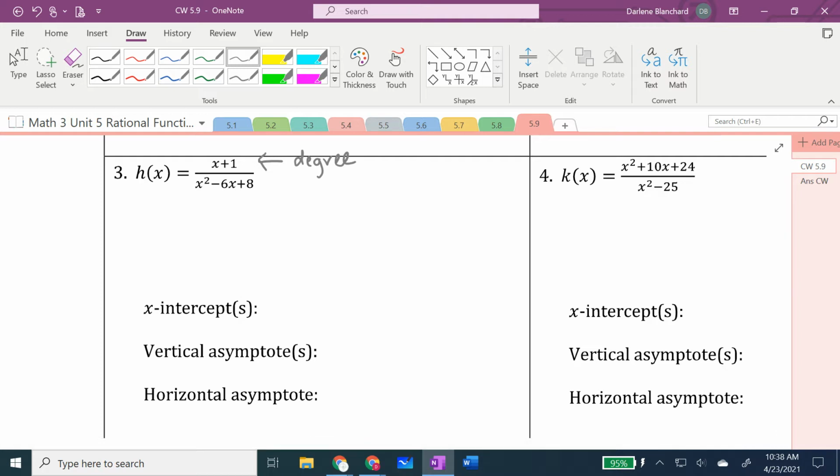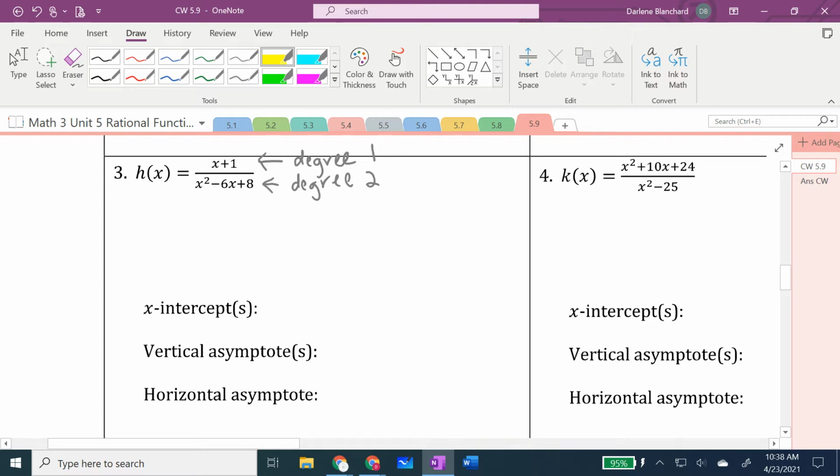All right, what's the degree of the numerator? 1. Yes. What's the degree of the denominator? 2. Yes, and I think you guys are seeing that because you were answering before in chat.